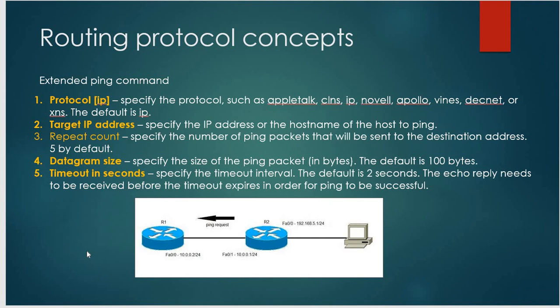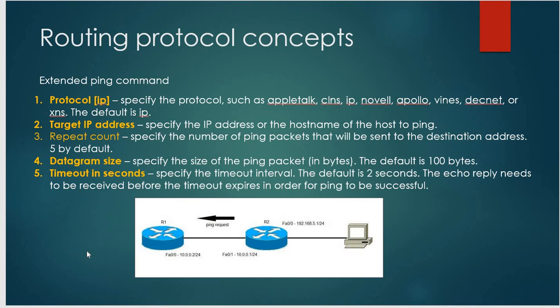The next point, number 5, is the timeout in seconds. Specify the timeout interval. The default is 2 seconds. The echo replies need to be received before the timeout expires in order for the ping to be successful. So the timeout in seconds is very important. This is the specified interval.